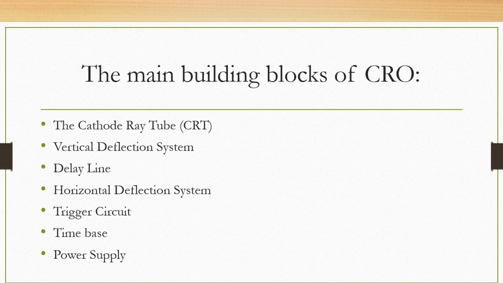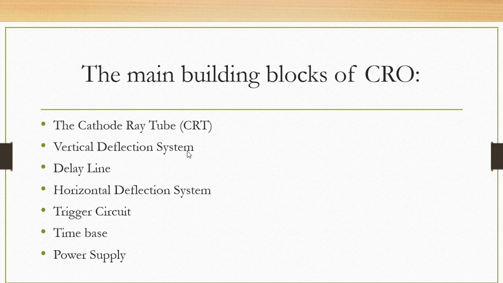Okay, so we have started this oscilloscope unit and we have covered important things inside that. We have seen the cathode ray tube in depth, which is very important. Then we have seen the vertical deflection system.